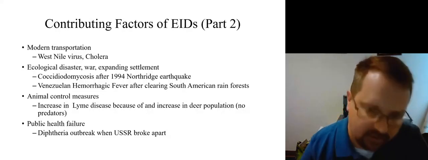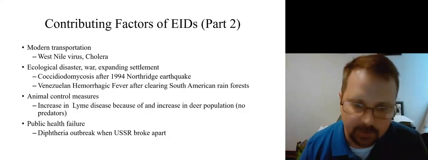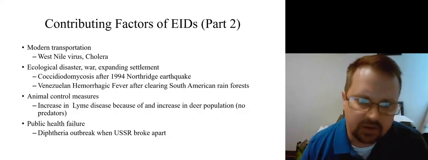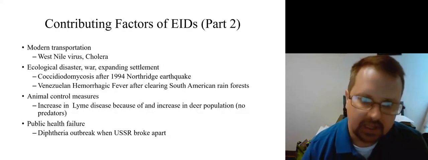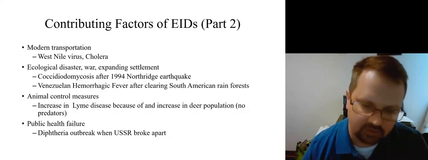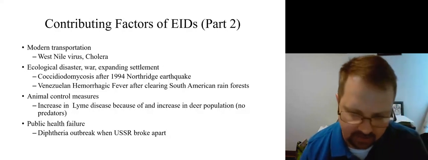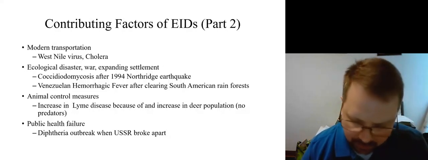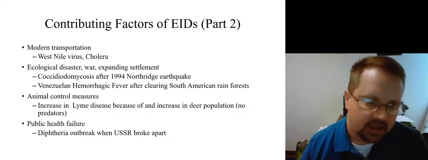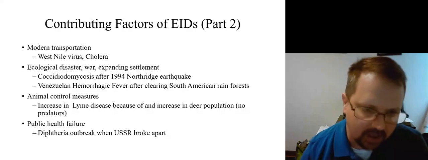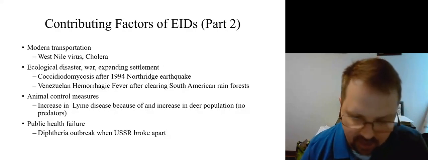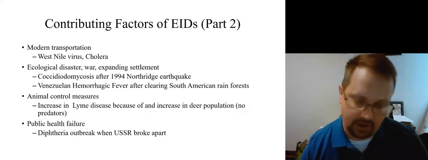So it was massive. We were in a Cold War with the USSR. When the USSR broke apart, those countries that we hear about today, like Ukraine and things like that, became their own countries again. Public health fell apart, and there was a diphtheria outbreak.